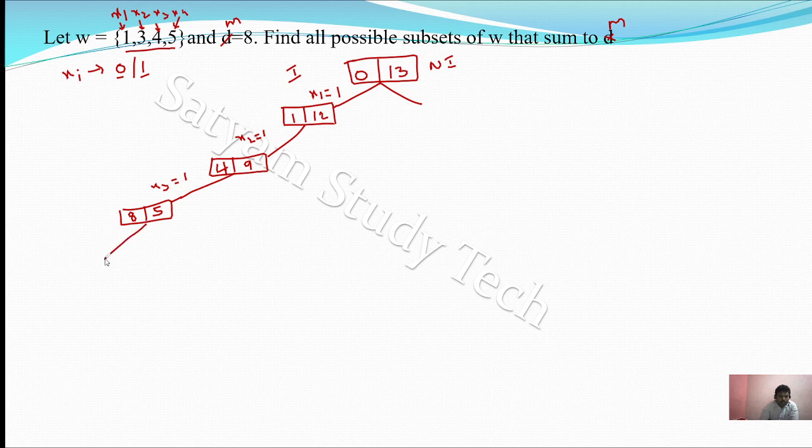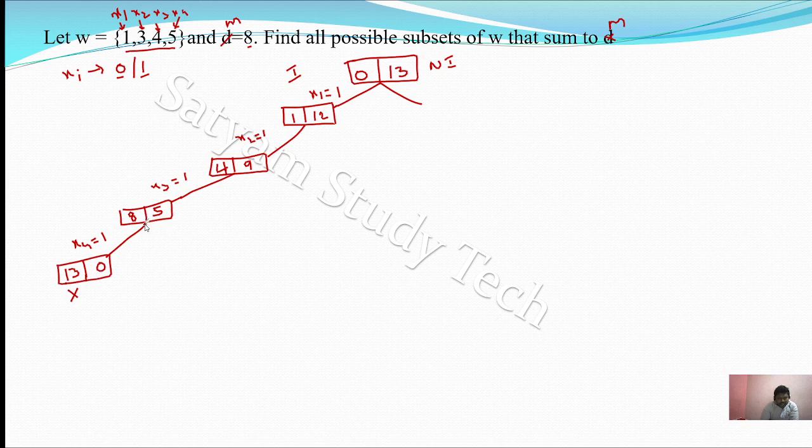You can explore this. x4 equal to 1, that means the fourth one is also included, that is 5. 5 plus 8 is 13, and 5 minus 5 is 0. So 13 less than or equal to 8, the condition fails, so it is not a solution.